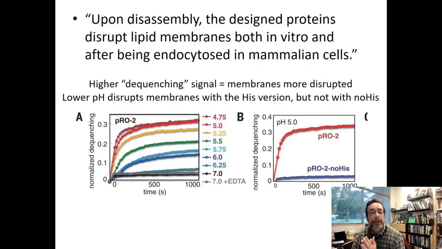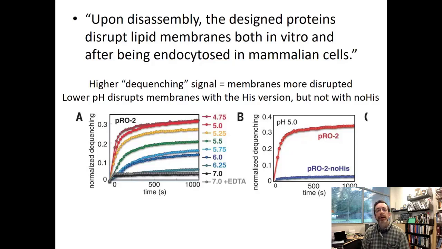This is one last thing where they basically measured how these designed proteins will actually disrupt lipid membranes in vitro, which means in a test tube or in an experiment, and in actual cells after they're endocytosed into mammalian cells. They measure this with a dequenching signal.